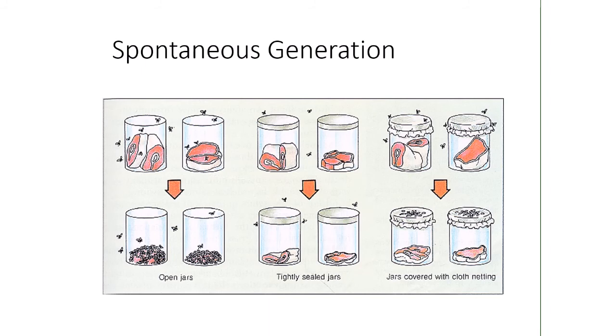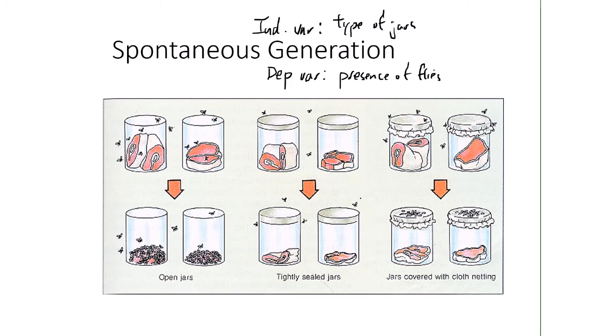The independent variable in this case would be the type of jars. Are they open jars, sealed jars, or covered with cloth netting? And the dependent variable would be the presence of flies and maggots on the meat.